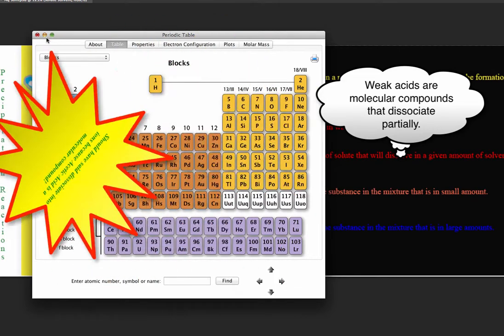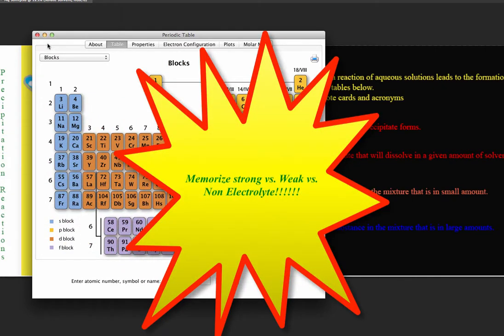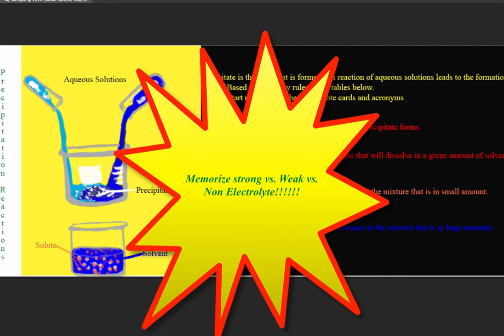Some things ionize to a greater extent, and other things don't. If they ionize to a great extent, it's called a strong electrolyte, and if it's ionizing minimally, it's called a weak electrolyte. Some of the binary acids, for instance, are water soluble and will dissociate completely. So let's take a look at that.